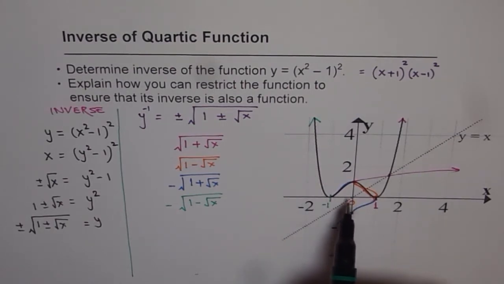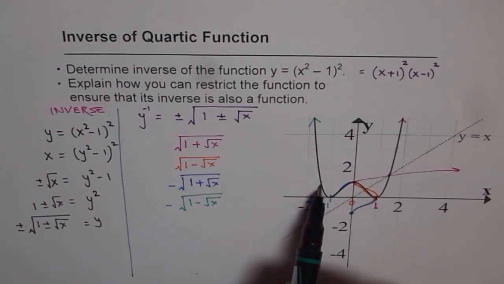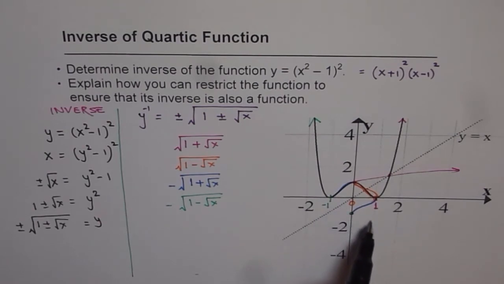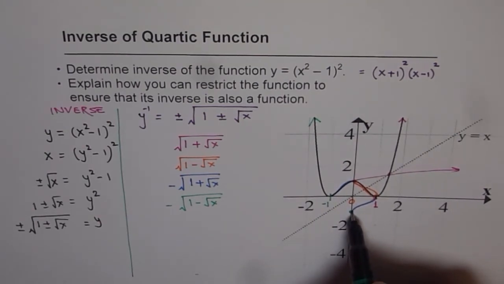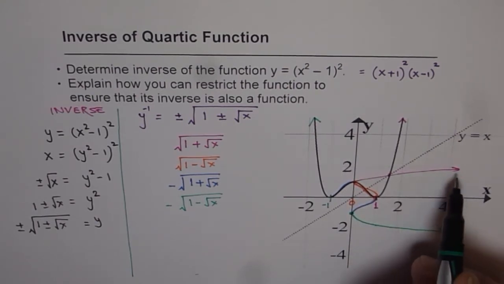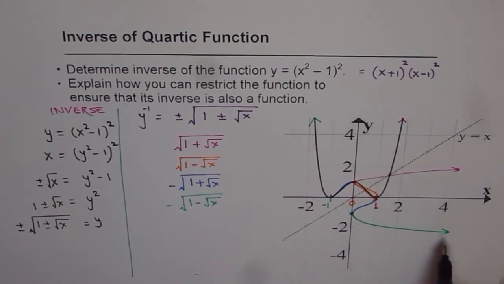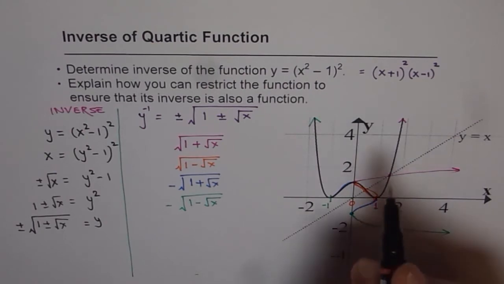So let us say we have a point here, and if you go diagonally like this, (1, 1/2), (1/2, 1), so we kind of reach here, right? So we can draw a line which is kind of like this. So as you see, this becomes the inverse of our function. Okay, so that is the inverse of the function.